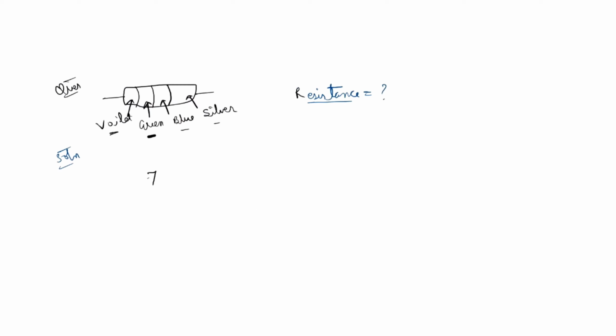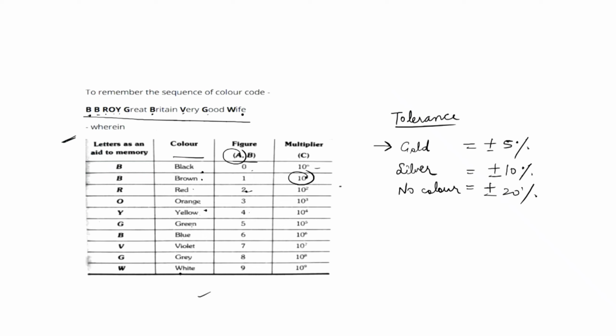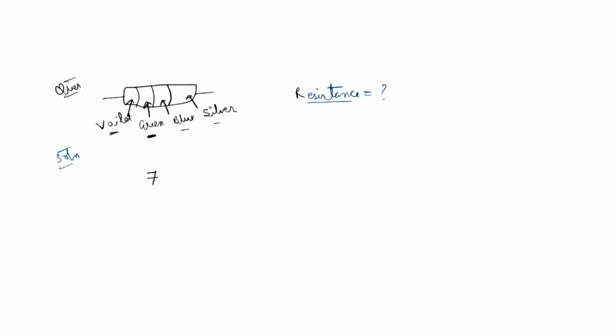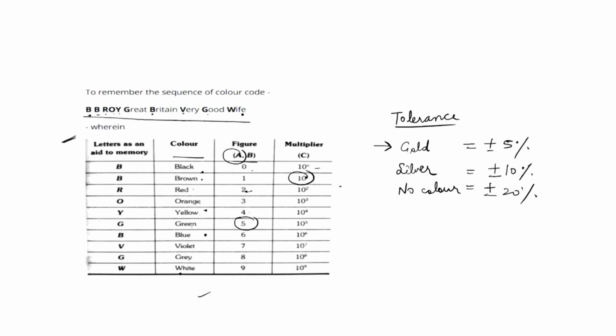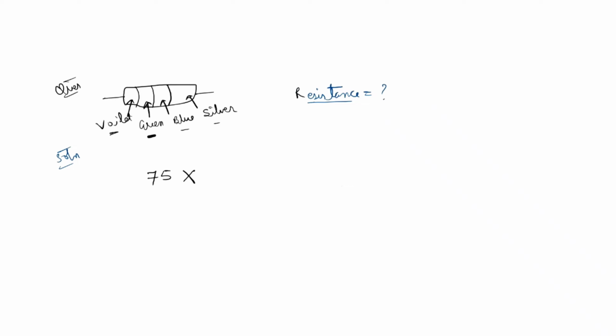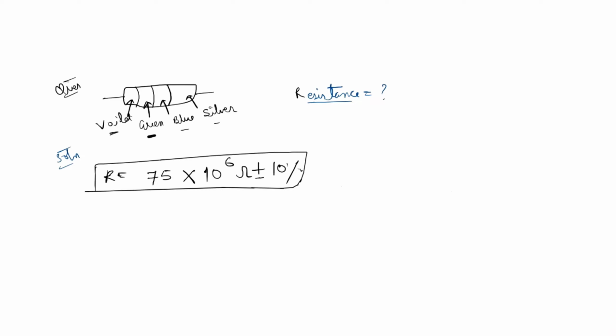For green, 5, so you write 5. Then comes the multiplier, blue, which is 10 raised to the power 6. Silver means plus or minus 10%, and you write the unit ohm. This is the final value of the resistance of this resistor.